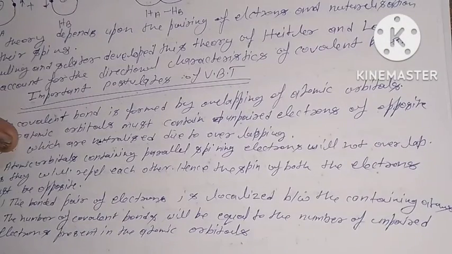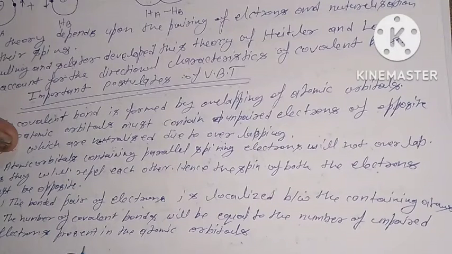Example: nitrogen atom has 3 unpaired electrons in 2p3 orbitals.